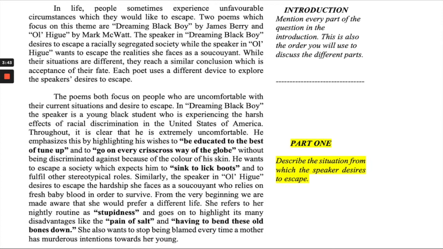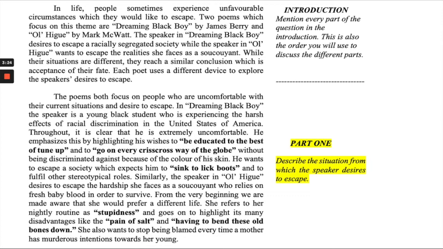The speaker in Dreaming Black Boy desires to escape a racially segregated society, while the speaker in Old Higue wants to escape the reality she faces as a soucouyant. While their situations are different, they reach a similar conclusion, which is the acceptance of their fate.